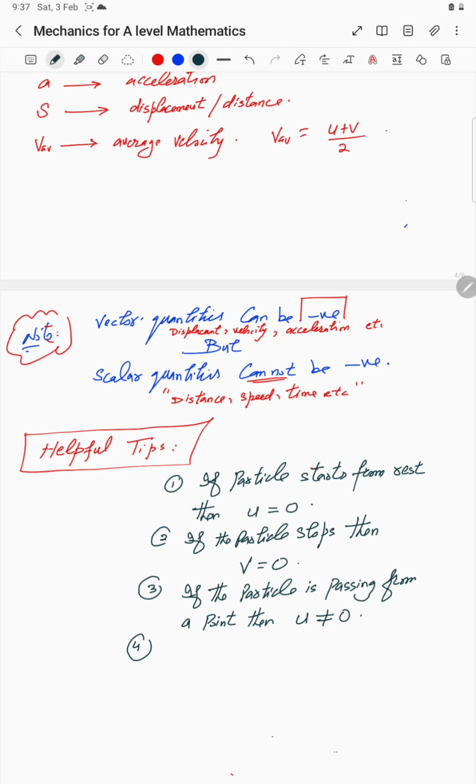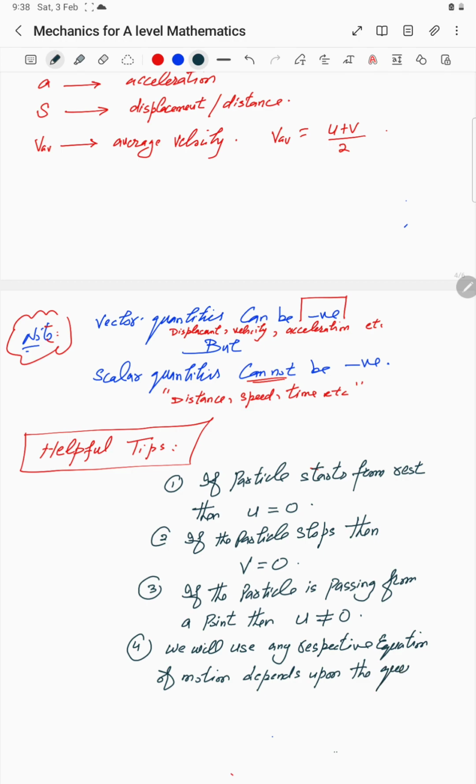Number four, we will use the respective equation of motion depending upon the question's data.